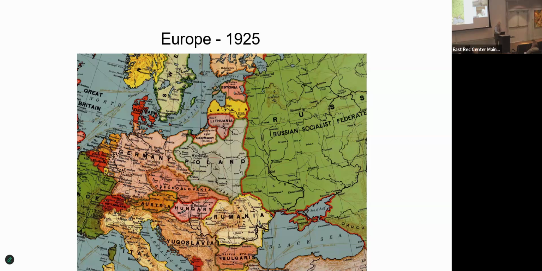So until World War II, you have a fairly stable Jewish population in Eastern Europe and much less movement.